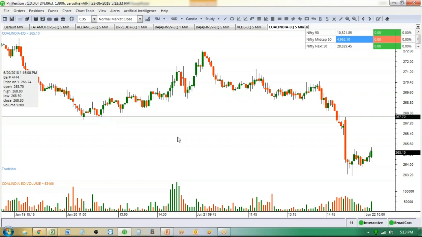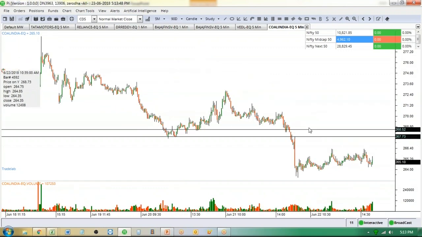This is the support. Now after this was formed, there was some sort of a resistance over here at this place. So it came down, it is fine, but it really did not retest this particular level. So since it did not retest this level, it was difficult for us to trade it. It is trying to go there. So most likely it will retrace this area and then will probably go down.